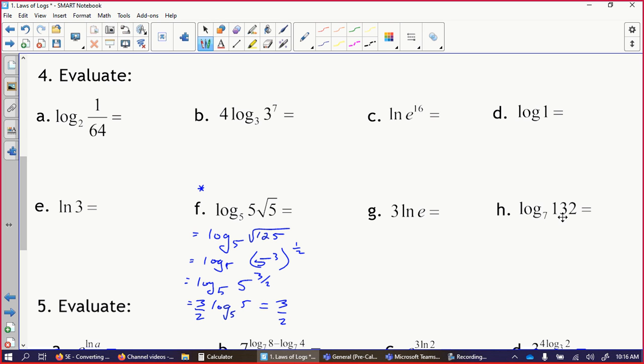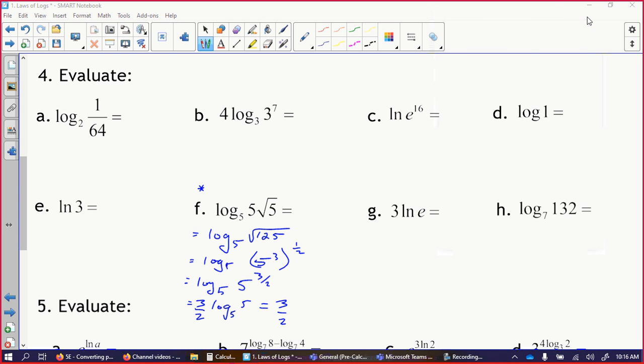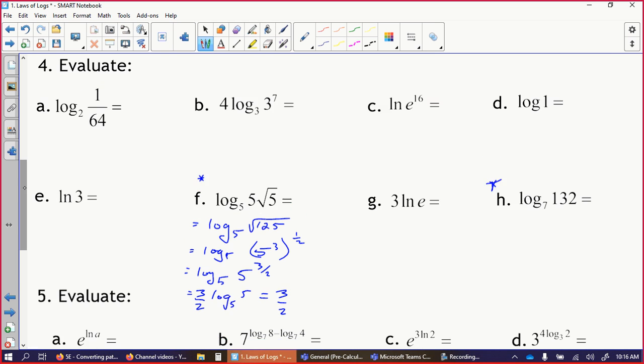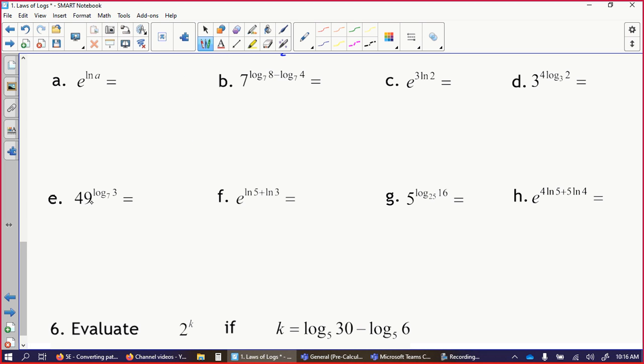That one you're probably going to have to find a number to go into there. That might be one that we'll talk about on Wednesday because I haven't shown you how to do that. Simplify the exponent. Move the exponent up. 49.